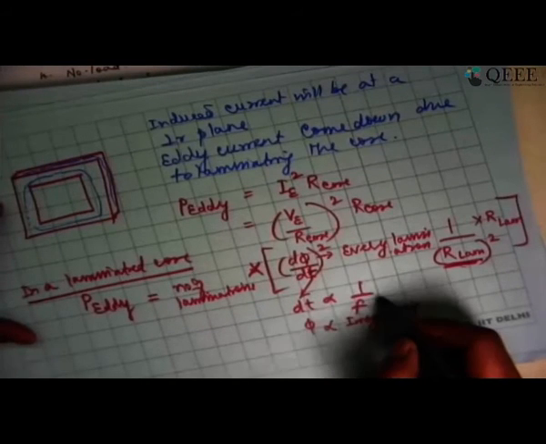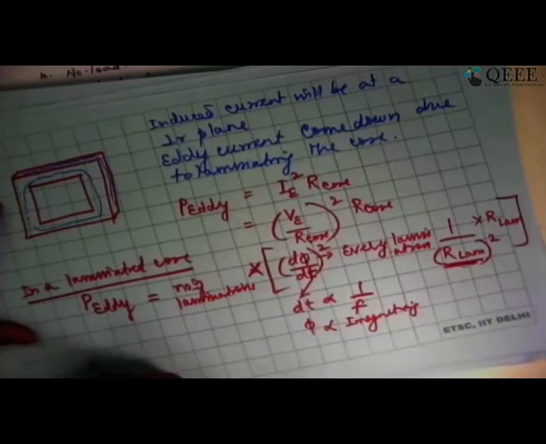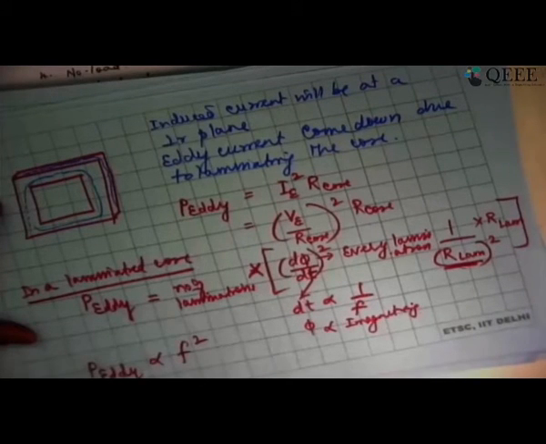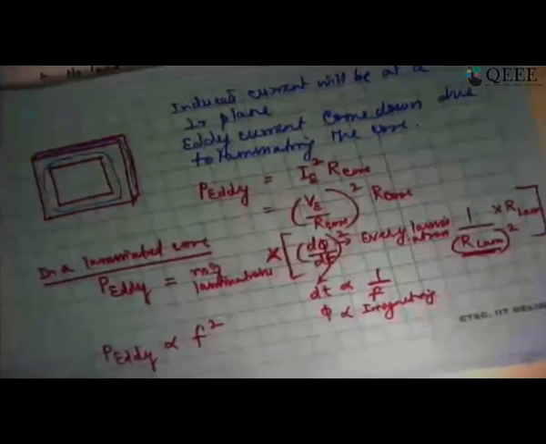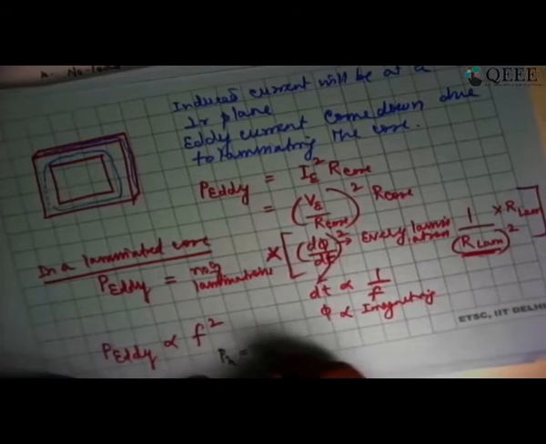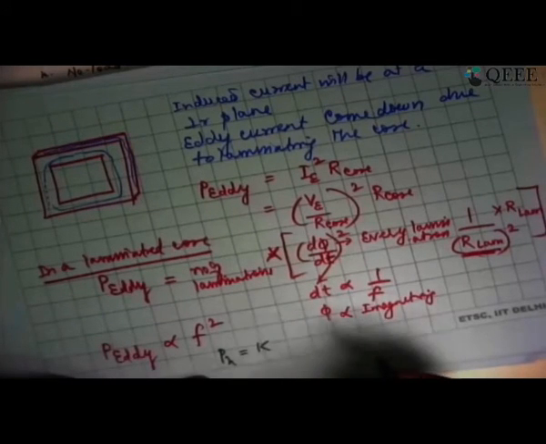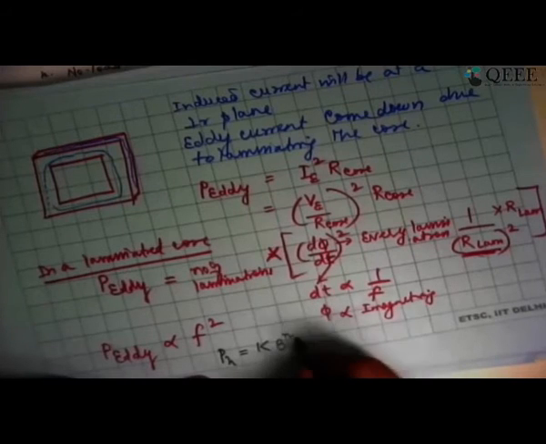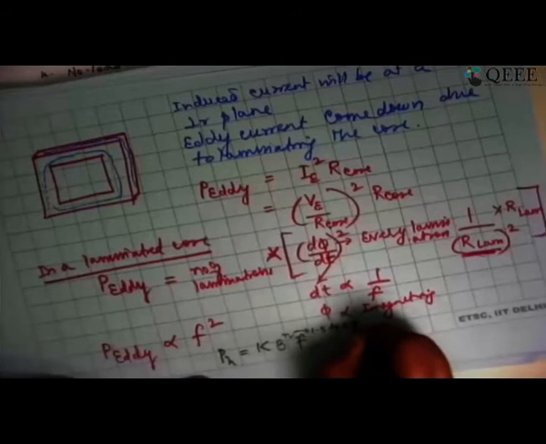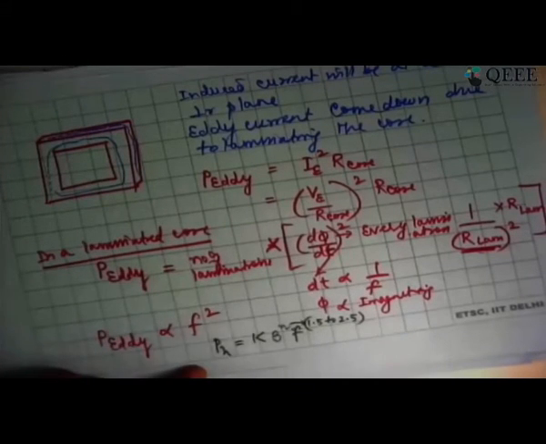Now, if flux is proportional to magnetizing current and dt is proportional to 1 by f, I can say P eddy is proportional to frequency square. Actually, there is an empirical formula for hysteresis loss as well as eddy current loss. Hysteresis loss is proportional to some constant multiplied by B to the power n multiplied by frequency, where n varies from 1.5 to 2.5 depending upon the material and the size of the hysteresis loop.